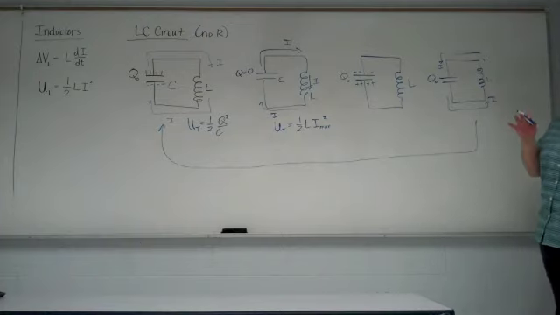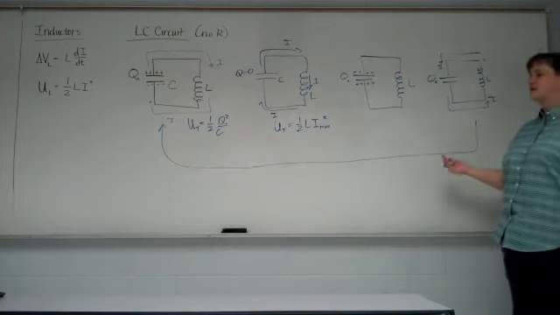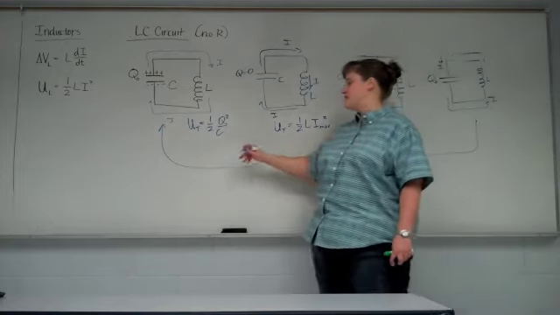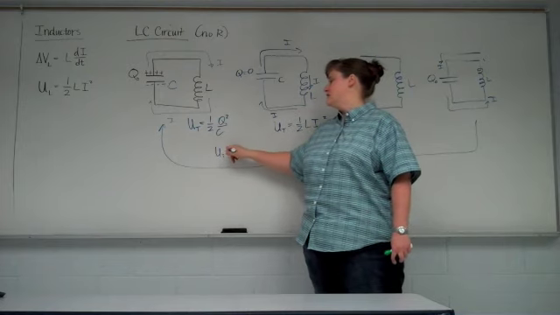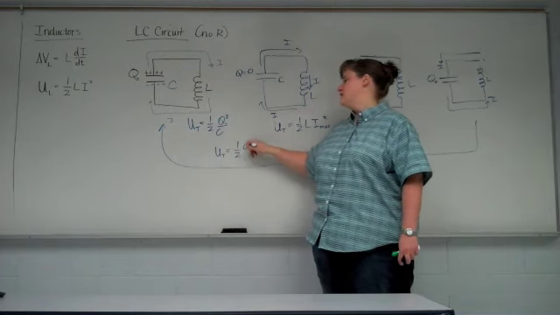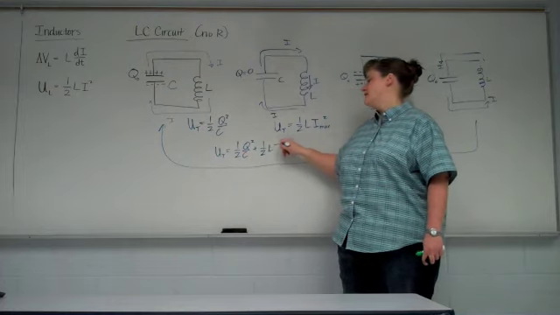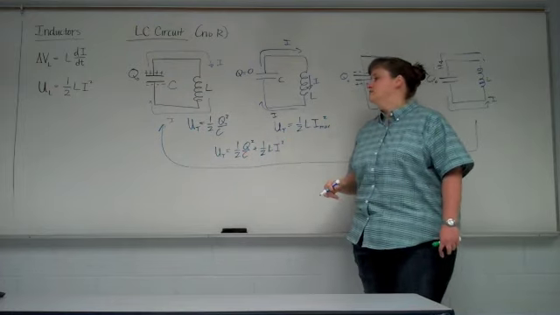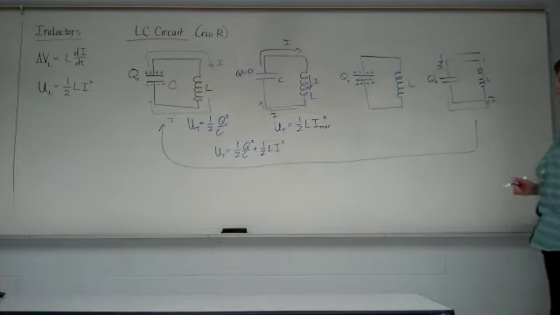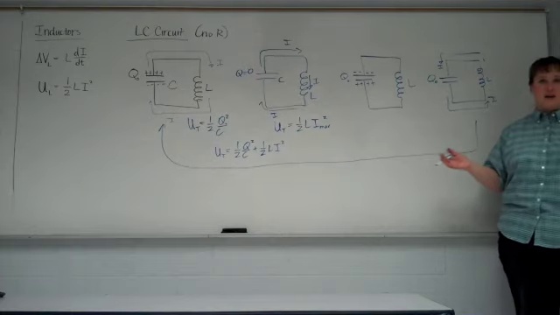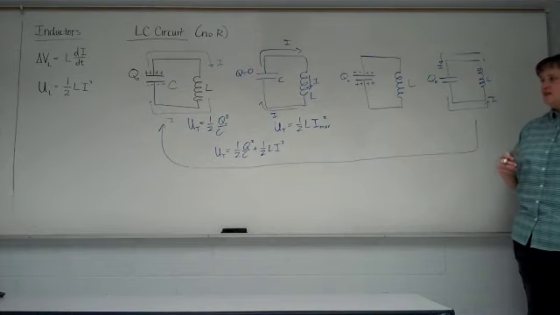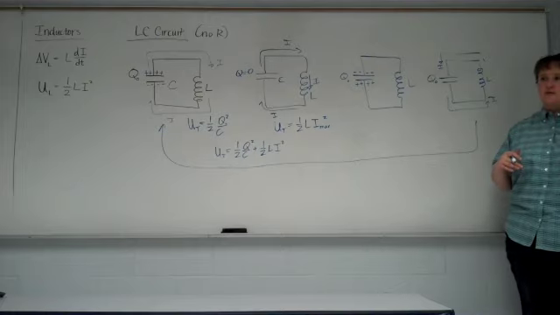If we're anywhere in between those, between the capacitor being completely charged and having current flowing, then both of them will have a portion of the energy. Q being however much charge the capacitor has that's not a maximum charge, I being how much current is flowing through the inductor, but not the maximum value.